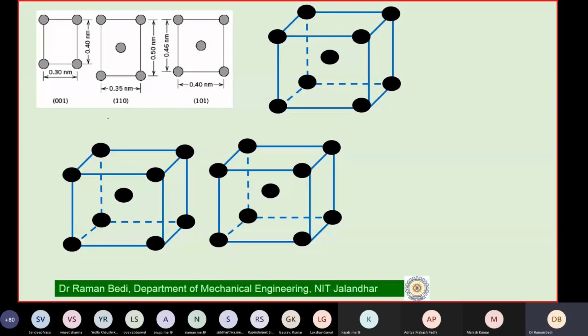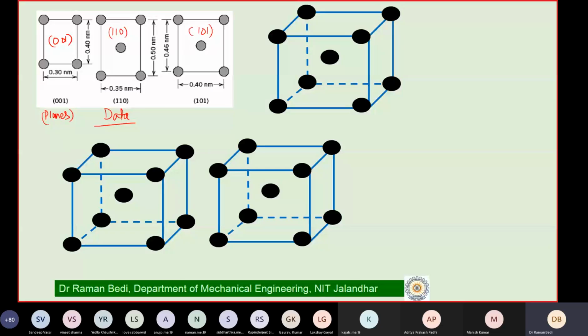So I have a similar problem. Now the data is given here. What you observe is this data. In the previous case, the directions were shown, but in this case, what we are showing are the planes. So I have the 0, 0, 1 plane shown here, the 1, 1, 0 plane shown here, and the 1, 0, 1 plane shown here.